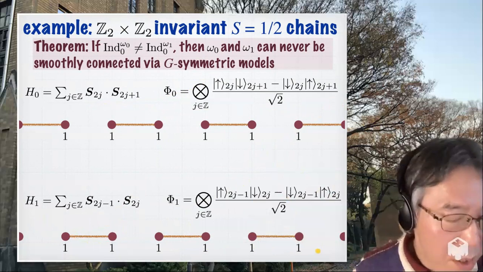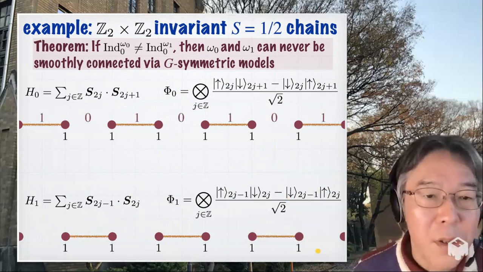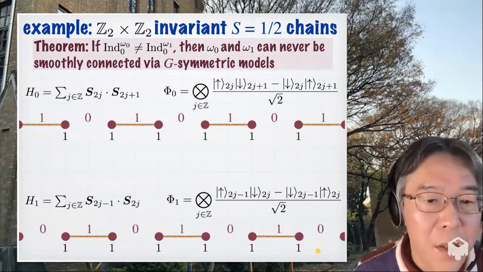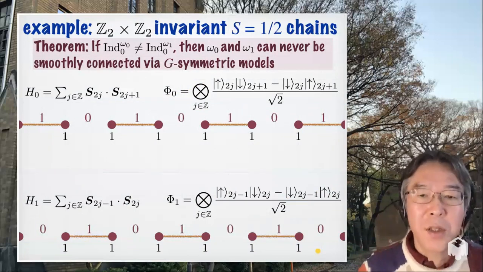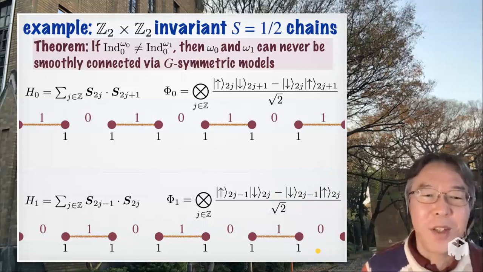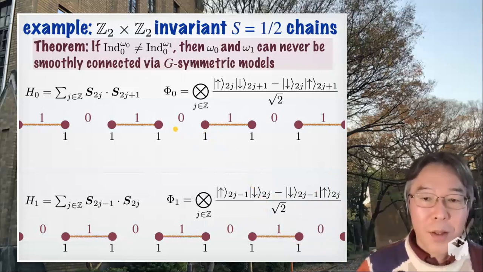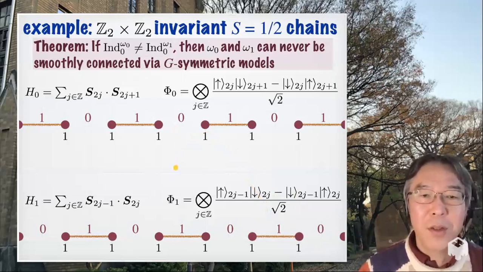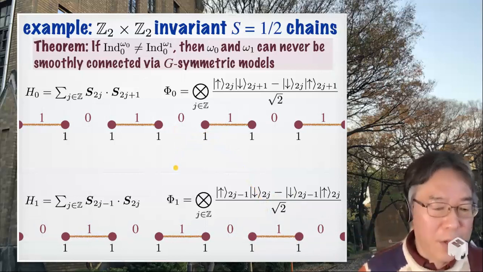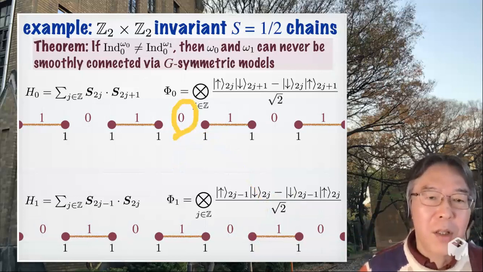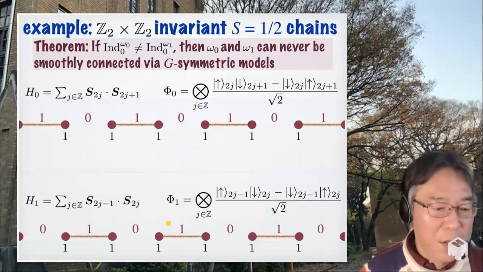But now in this case, again, you can compute the Ogata index like this. It's like this. And then in this case, it's like this. And of course, as you see, they are the same state if you shift it. But if you try to move from here to here by only using a Z2 cross Z2 invariant Hamiltonian, then these indices tell you that you can never connect them.